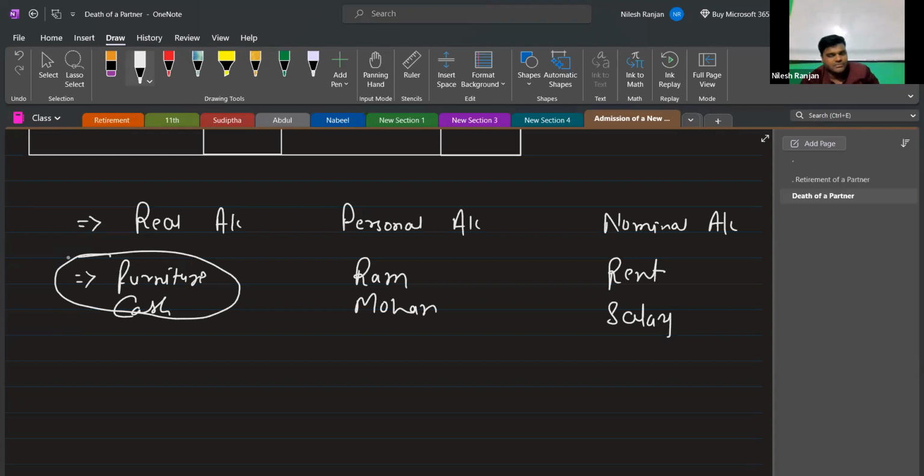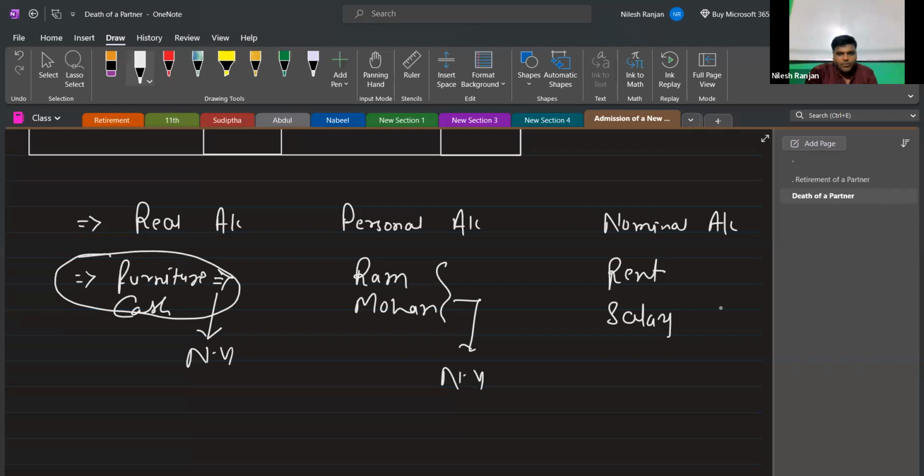Yes or no? But in case of nominal accounts like rent, salary, there is no balance to be carried forward. If there is balance in real and personal accounts, it will be taken to next year also.